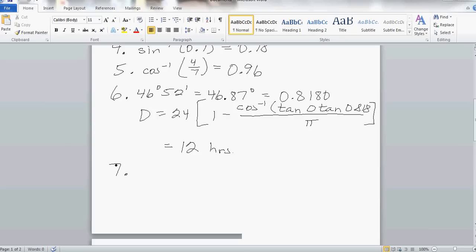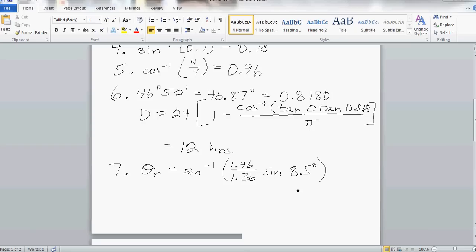We are given a formula within problem number 7, and we are asked to find theta sub r, which is arc sine of n sub i, which is 1.46, over n sub r, which is 1.36, times the sine of theta sub i, which is 8.5 degrees.